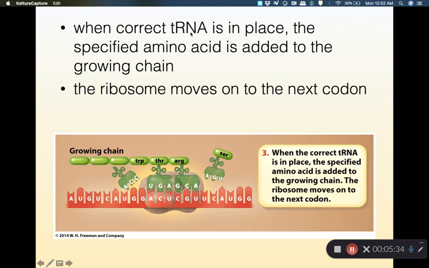So when the correct tRNA is in place, the specified amino acid, again, in this case we have serine, is added to this growing chain. And then the ribosome moves on to the next codon or the next 3-unit sequence so it can find the specific anticodon of the tRNA. And again, that chain just continues to grow as the ribosome moves up the mRNA.